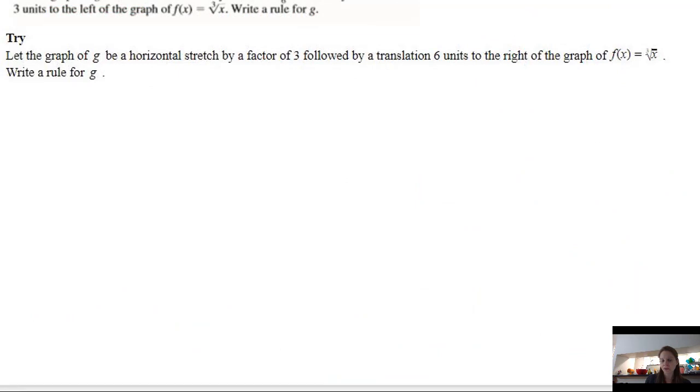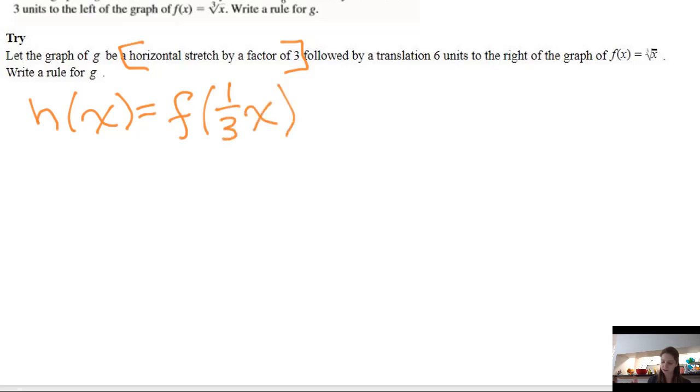Let the graph of g be a horizontal stretch by a factor of 3, followed by a translation 6 units to the right of the graph of f of x equals the cube root of x. Write a rule for g. Horizontal stretch by a factor of 3 means h of x equals f of 1/3 x. We take the reciprocal of 3, which is 1/3, and this is a horizontal stretch. That only affects the x value, so it's 1/3 x.